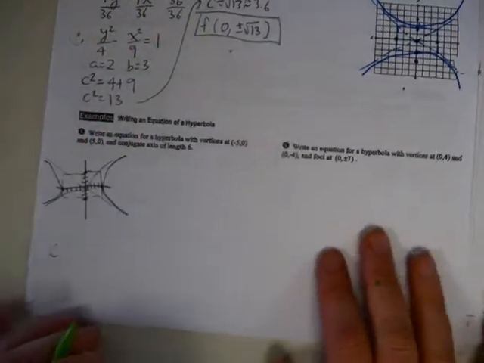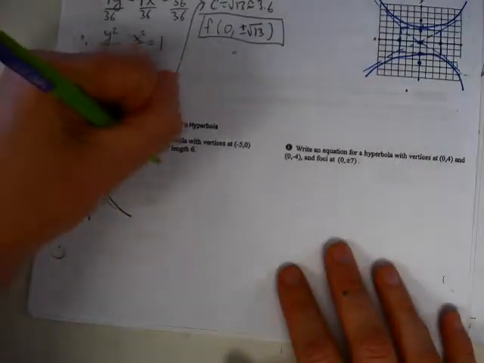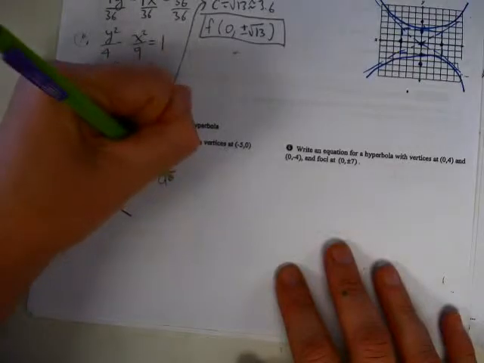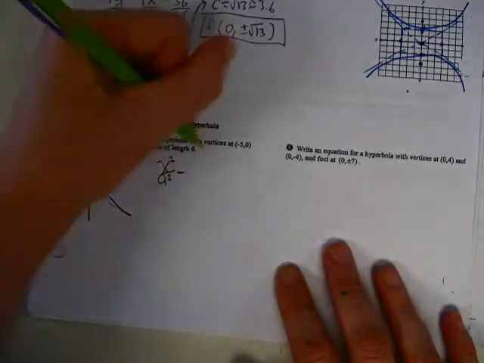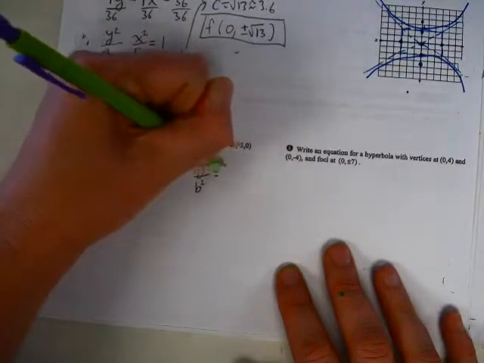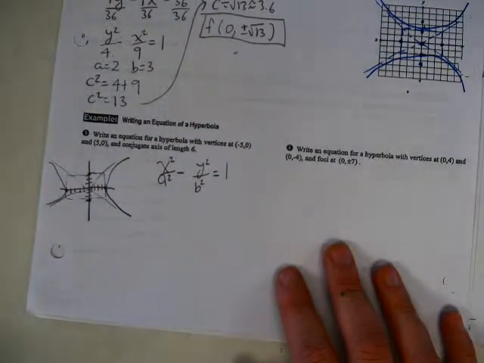Okay, and I also know, since it has that horizontal transverse axis, that my equation will be of the form x squared over a squared minus y squared over b squared equals 1.